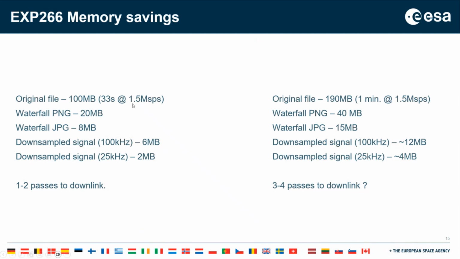At 1.5 megasamples per second sampling frequency, we could do 33 seconds of recording, and it fit in about 100 megabytes, or 25 million samples. Then out of the signal, I generate a waterfall in PNG format, and this is 20 megabytes, so a fifth of the original size.